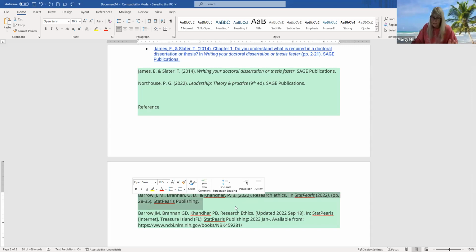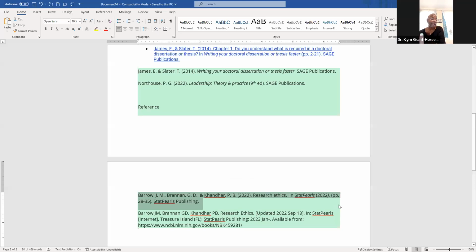I would have to do some more research myself, but what I'm hearing you say is that this is a compilation of different books on the Stat Pearls website. Is that correct? Yes. I'm going to log in on my computer and send you the link that I found. I'd rather move on, if you don't mind. That way you can look at it later. You don't have to look at it now.